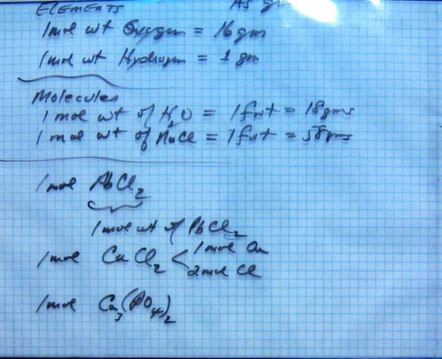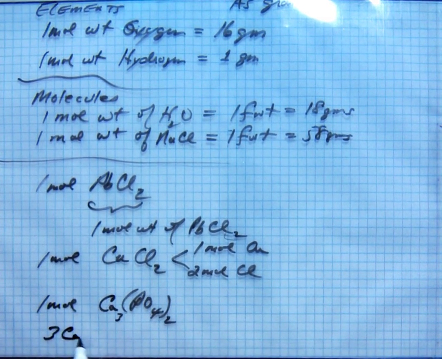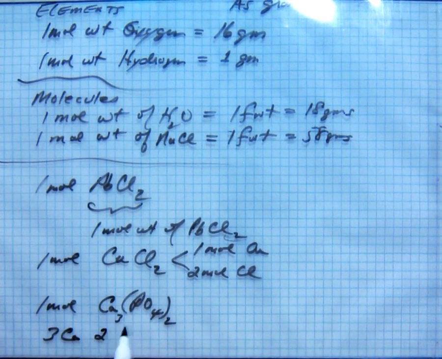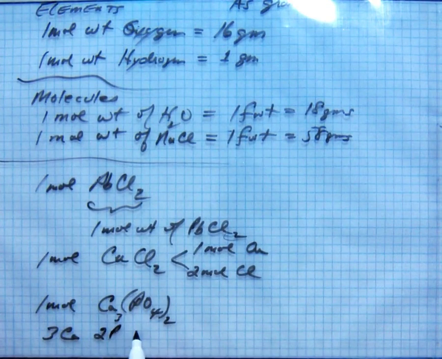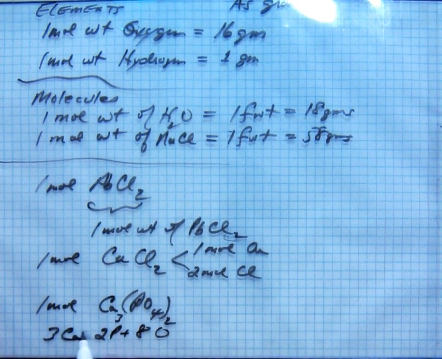All right, you have 1 mole of calcium phosphate, but if they happen to ask you something like, how many moles of oxygen in this problem? 8. So you have to take into account this subscript applies to everything in the parentheses. So we have 3 moles of calcium, 2 moles of phosphorus, 8 moles of oxygen.